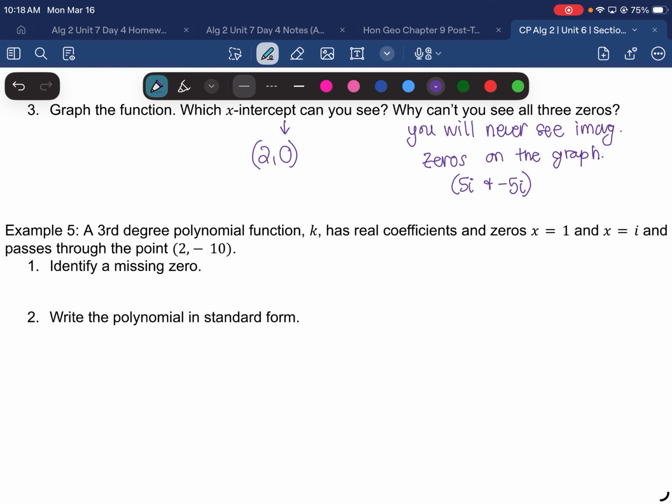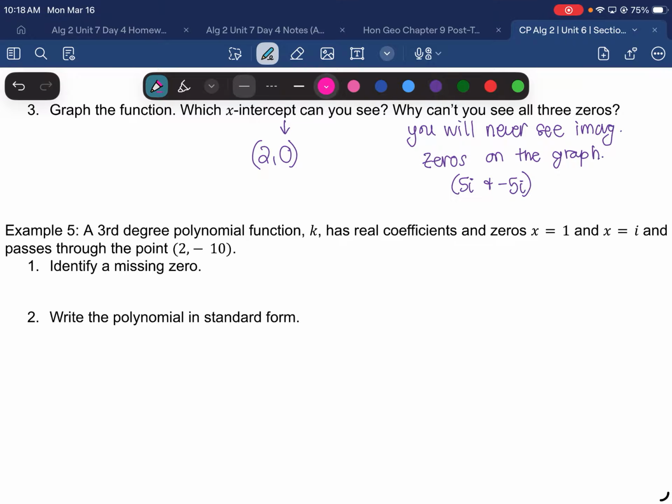So do you have a leading coefficient? No. You need to find it. Okay? So here we go. It's a 3rd degree polynomial with a real coefficient, your zeros are at x equals 1 and x equals i, and it's passing through your point 2, negative 10. What's your missing 0?